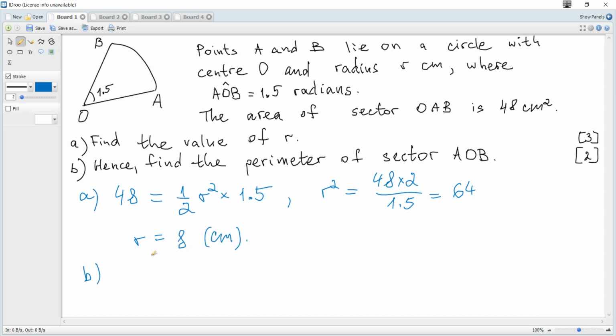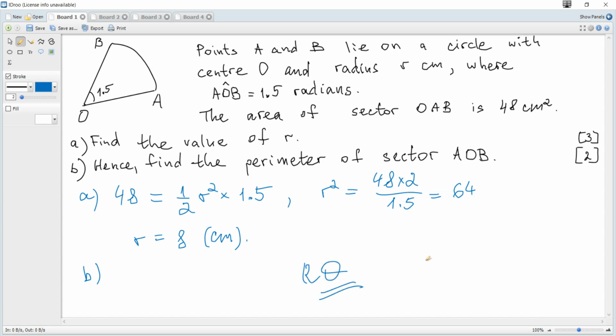And question B, find the perimeter of sector AOB. What is the perimeter? It's OA, which is the radius, plus OB, which is also the radius, plus the length of arc AB. How to find the length of an arc? The formula is given in the data booklet, and it says that it's r theta, and theta must be in radians.